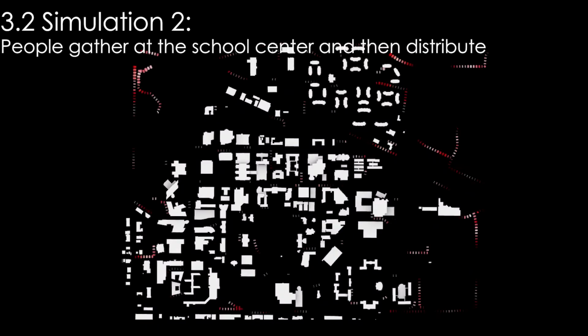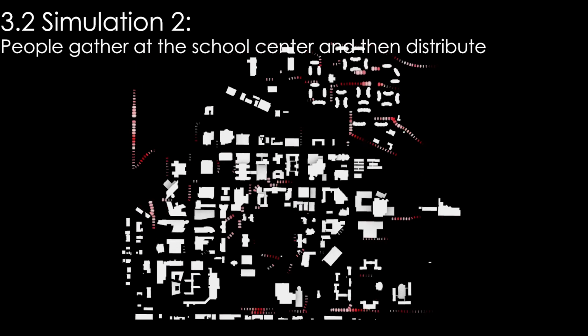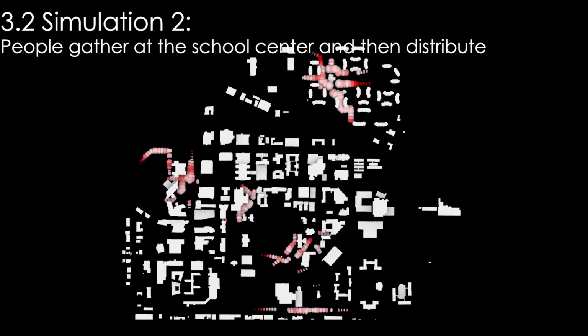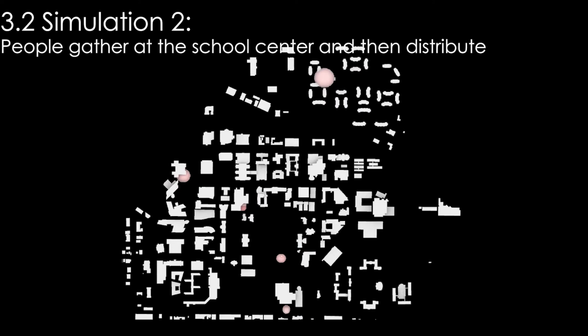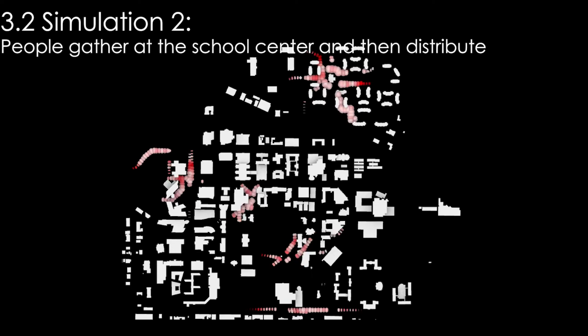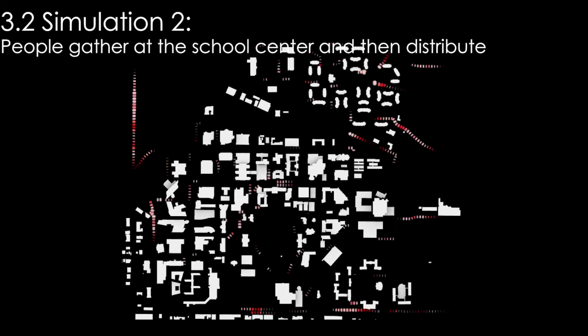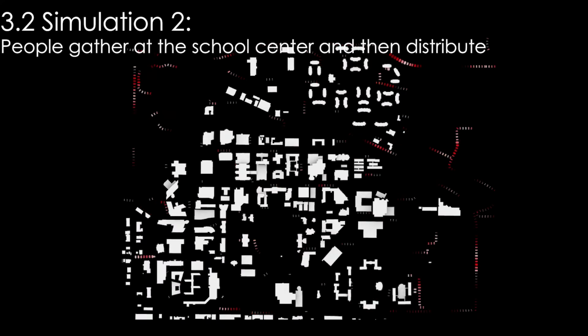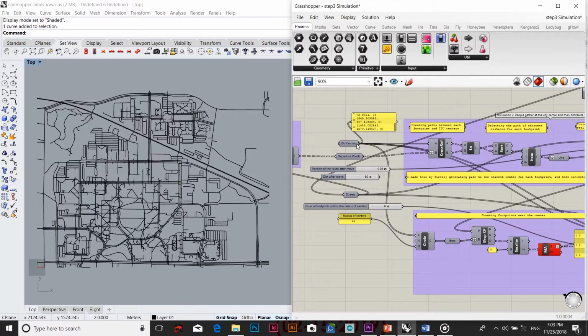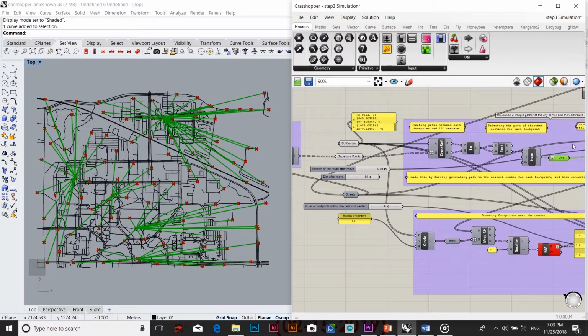And simulation 2, people gather at the school centers and then distribute. Centers usually draw people to come, and people usually distribute after the events end. So I made this simulation in a way similar to simulation 1. Firstly, I create the path between each footprint and the ISU centers.